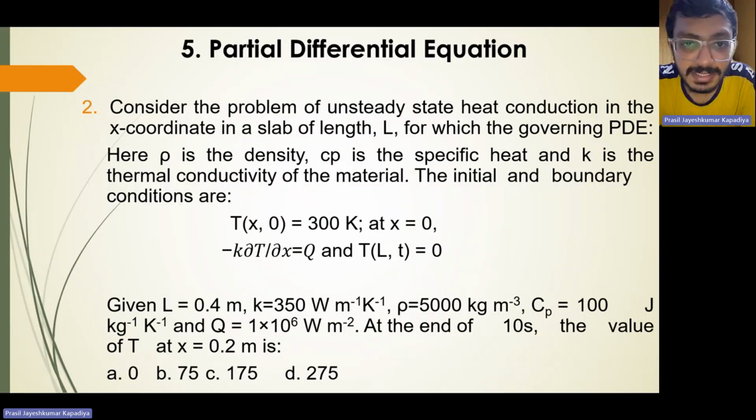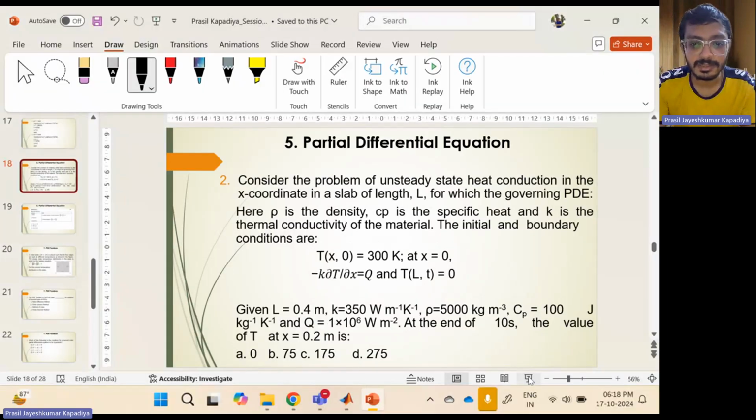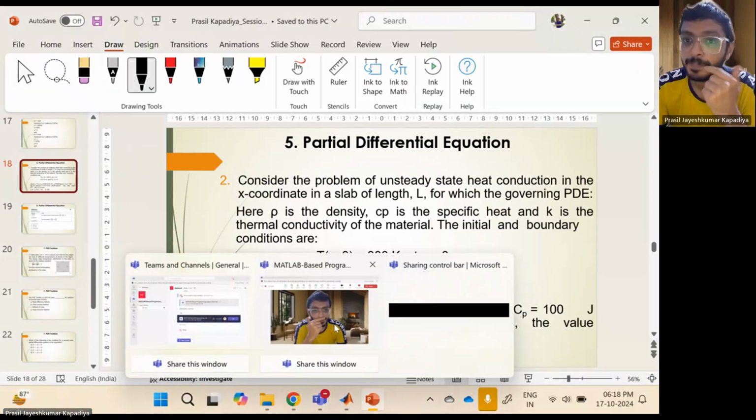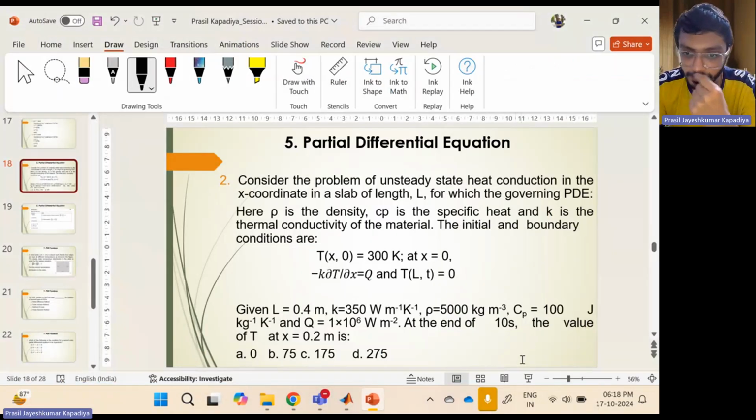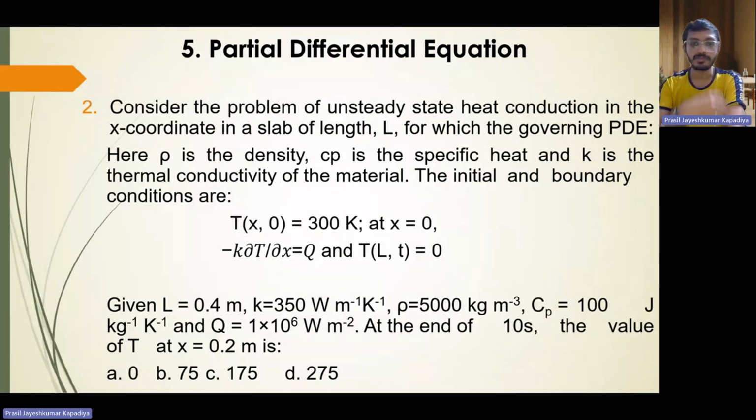The problem statement says: consider the problem of unsteady state heat conduction in the x coordinate in a slab of length L for which the governing PDE is this one.